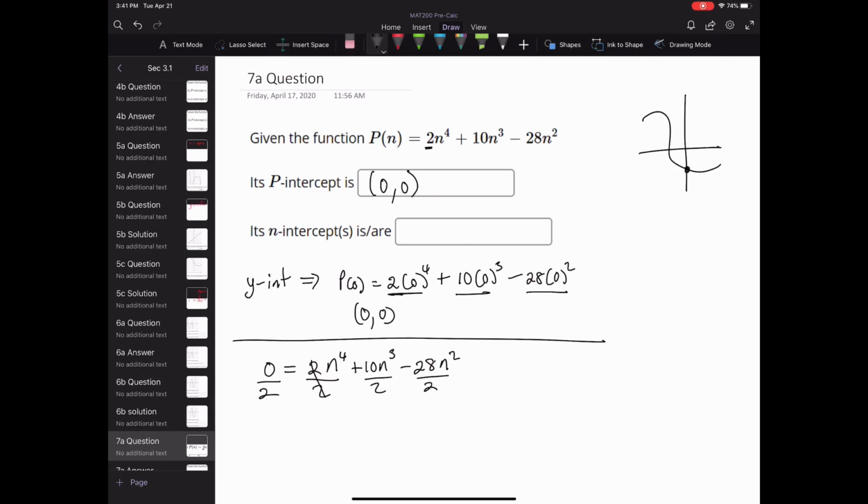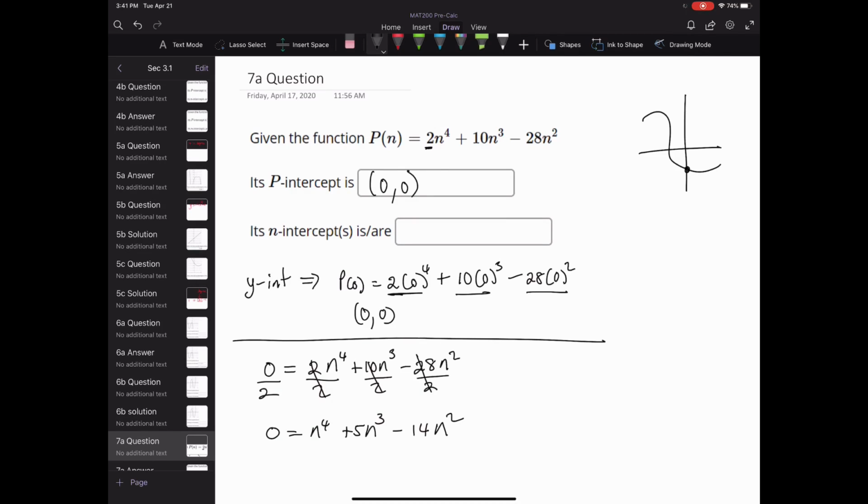So we get 0 is equal to n to the 4th plus 5n to the 3rd, minus... 28 divided by 2 is 14n squared.